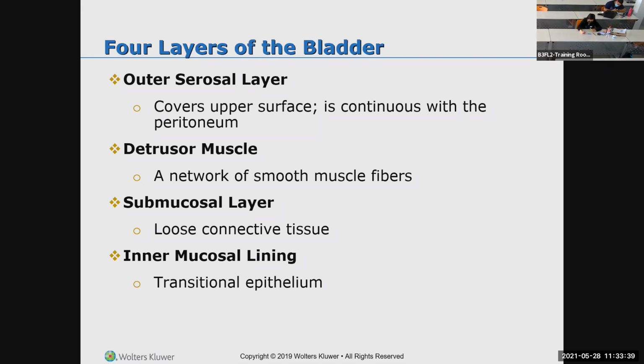We have smooth muscle for the bladder wall, which we call the detrusor muscle, a network of smooth muscle fibers. Then we have the mucosal layer, made up of loose connective tissue, and the innermost is the mucosa, formed by transitional epithelium.